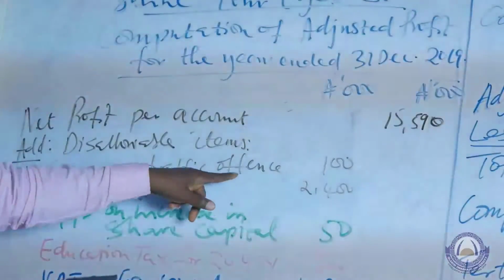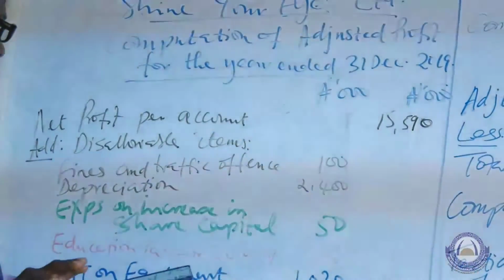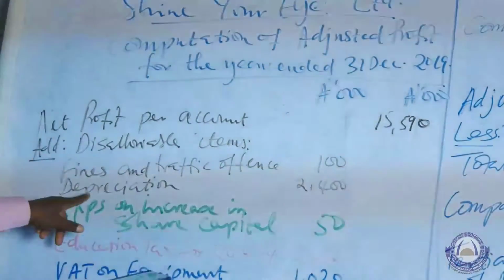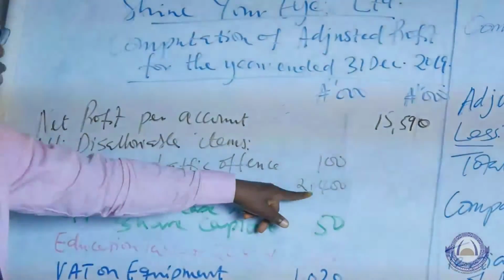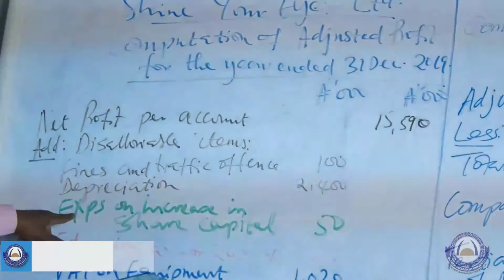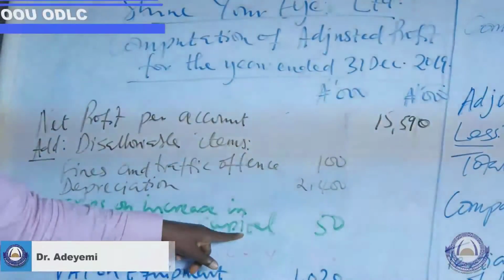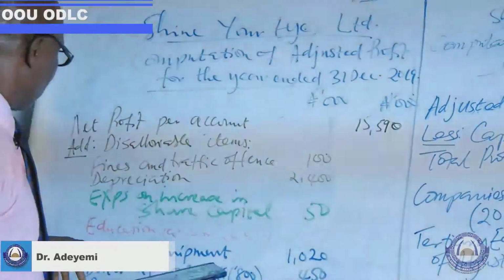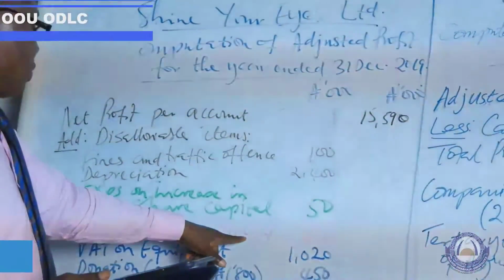All fines and traffic offenses are disallowed. So we are disallowing it 100%, 100,000. Depreciation is disallowed, 2.4 million. Expenses on increase in share capital, 50,000, as given in the account. Education tax for 2019.